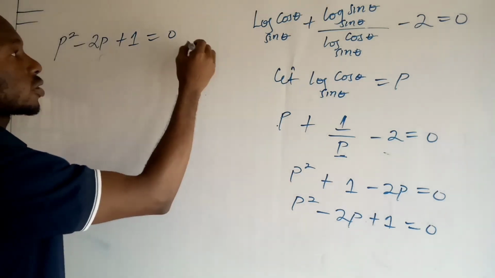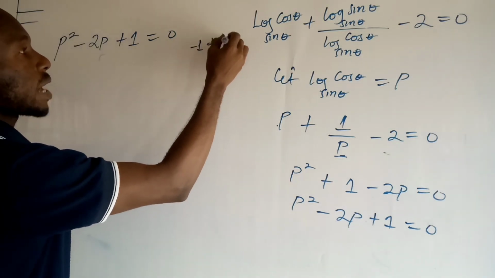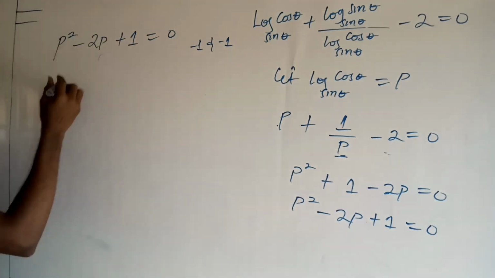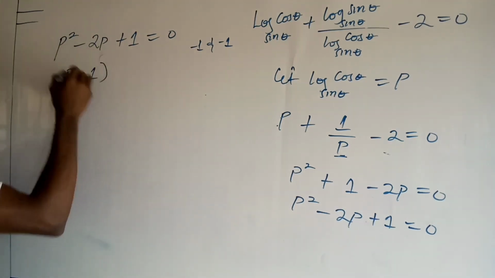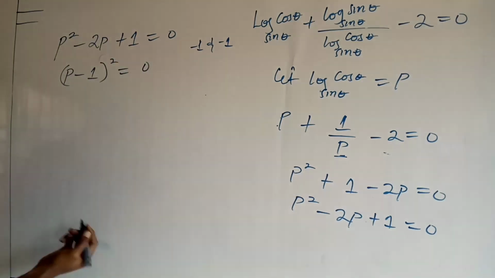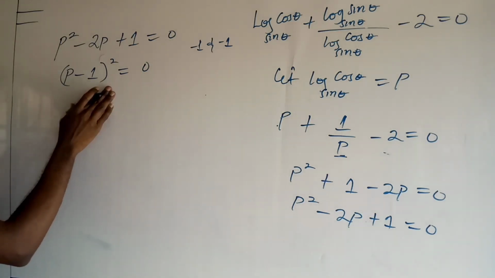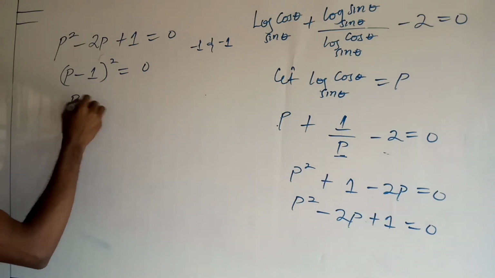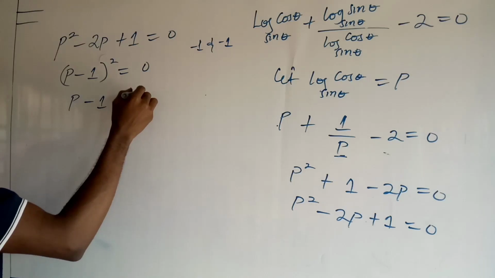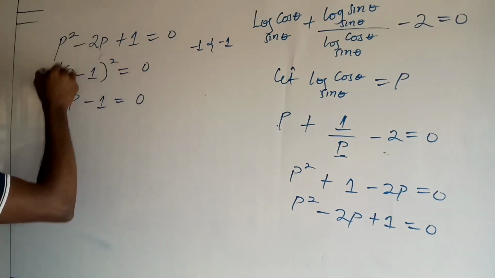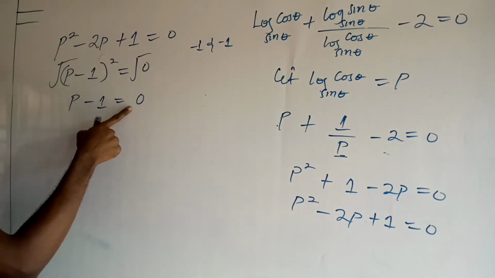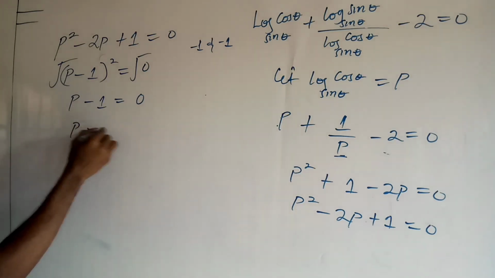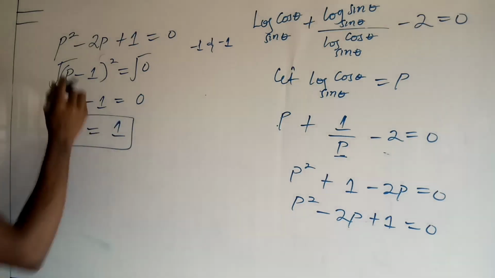The two values are just minus 1 and minus 1. So that means this becomes p minus 1 all squared equal to 0. So you can say p minus 1 is equal to 0, when you take the square root of both sides, and of course p is equal to 1. That's the value of p.